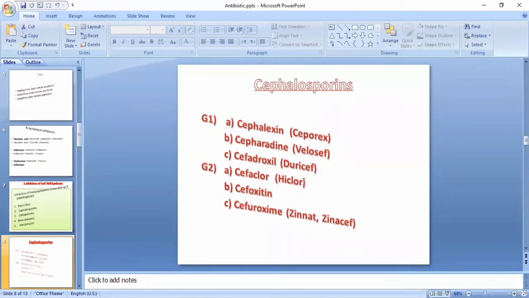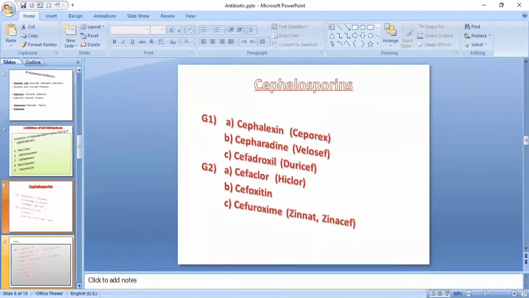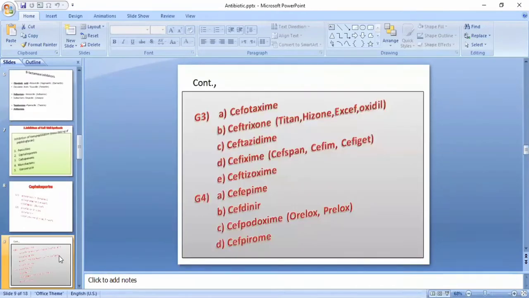The first generation is these three drugs, and the second generation are cefaclor, cefuroxime, and then the third generation. So these are the different generations of the cephalosporins.